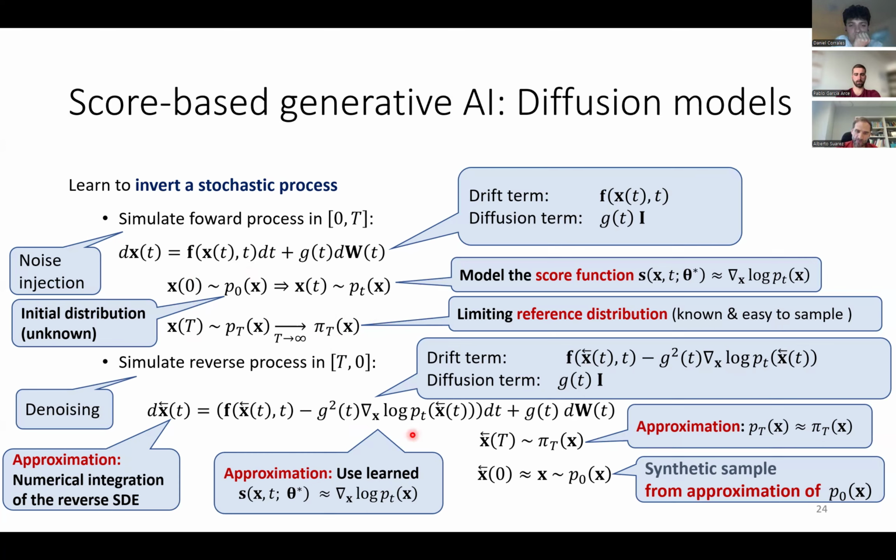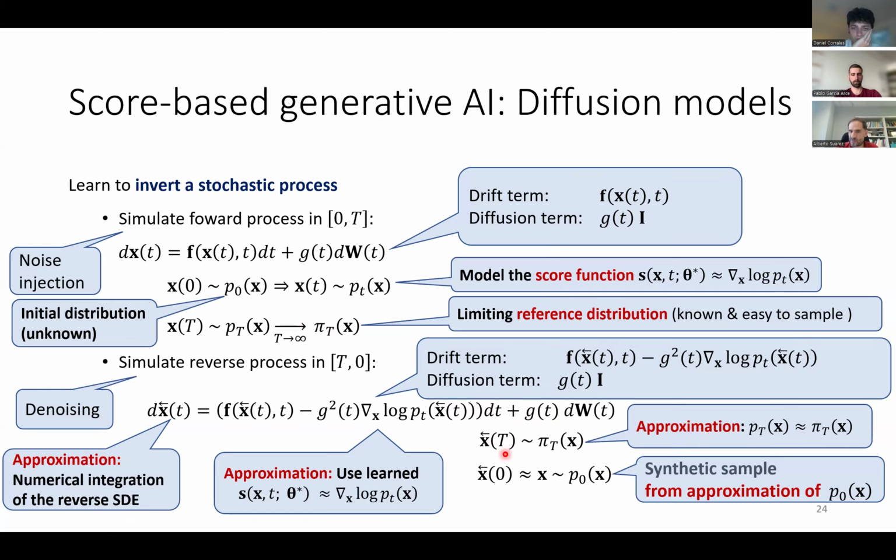And then, provided that I have a good estimate of this score function, which I will learn with some neural network, I can reverse the process. The forward process, I can do it in one step. The reverse process, I need to do a numerical integration of this stochastic differential equation. This stochastic differential equation is backwards in time. So I start from a sample of the limiting distribution of this forward process, let's say a Gaussian with diagonal covariance matrix.